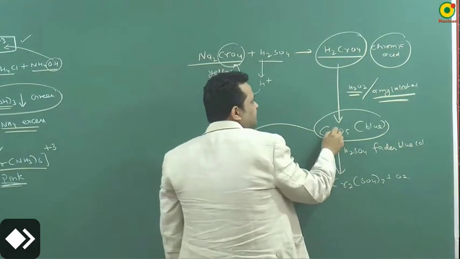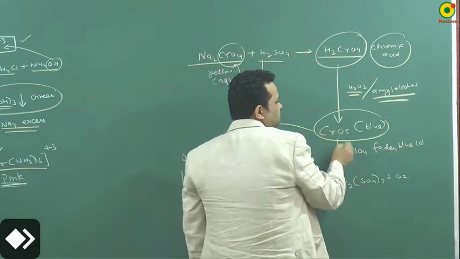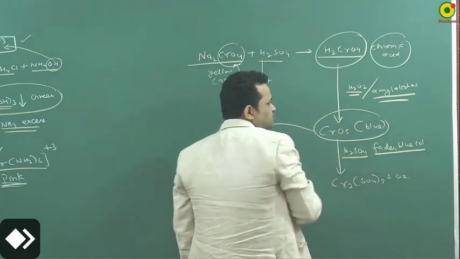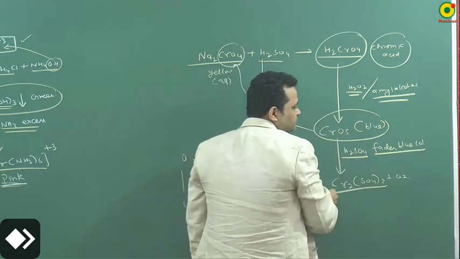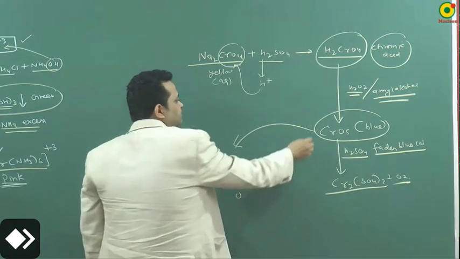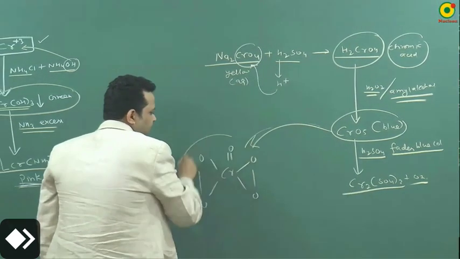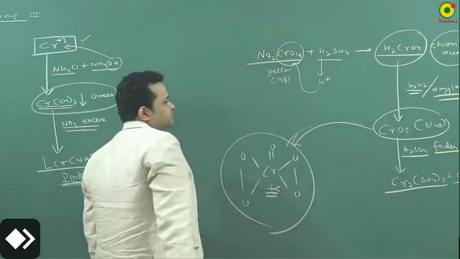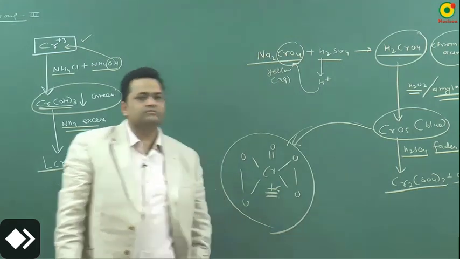This blue compound is a very important test for Cr3+. The color of this blue compound fades when H2SO4 is added, forming Cr2(SO4)3 along with oxygen gas. And CrO5 has a butterfly structure like this, and chromium is in +6 state. This is the structure of CrO5.